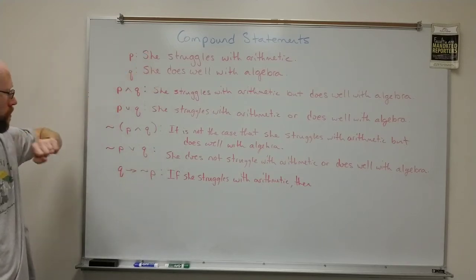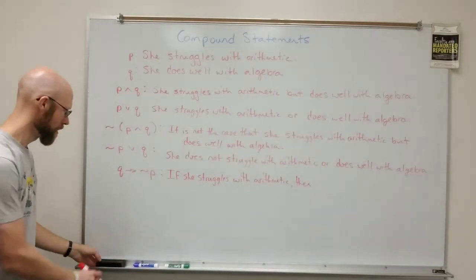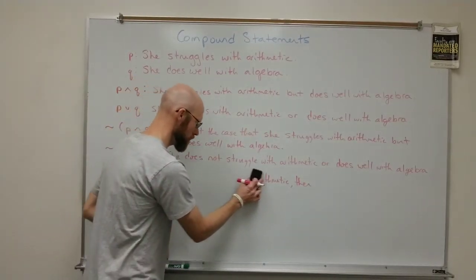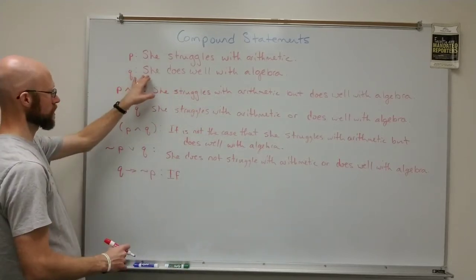Oh, did I just write that wrong? I did, I wanted Q. I just wrote that wrong. My bad. Let's rewrite that one. So if Q, sorry, I did that in the wrong order.